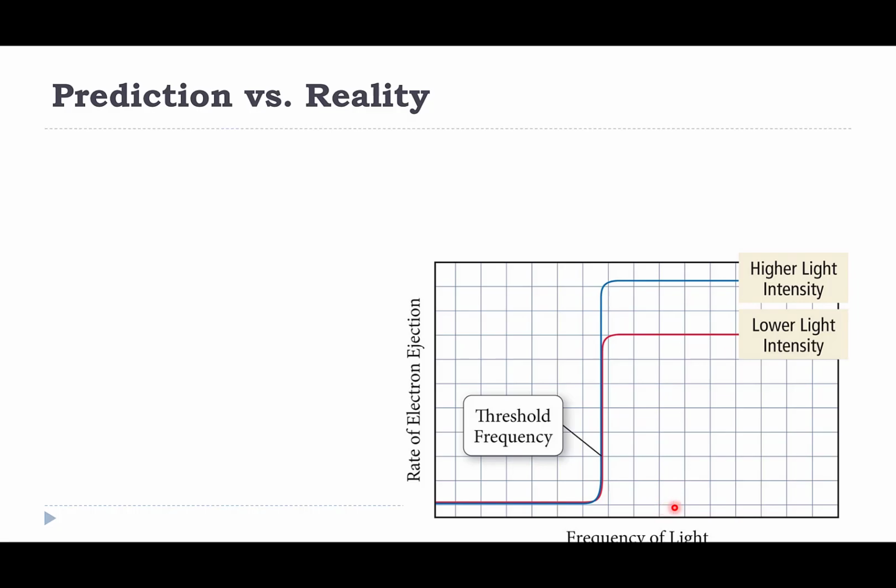Nothing happened. We hit it with a bowling ball. Nothing happened. We hit it with a rock. Nothing happened, right? So what this graphic tells us is there is a sweet spot, a threshold frequency, a perfect frequency that causes all of the electrons to come off.